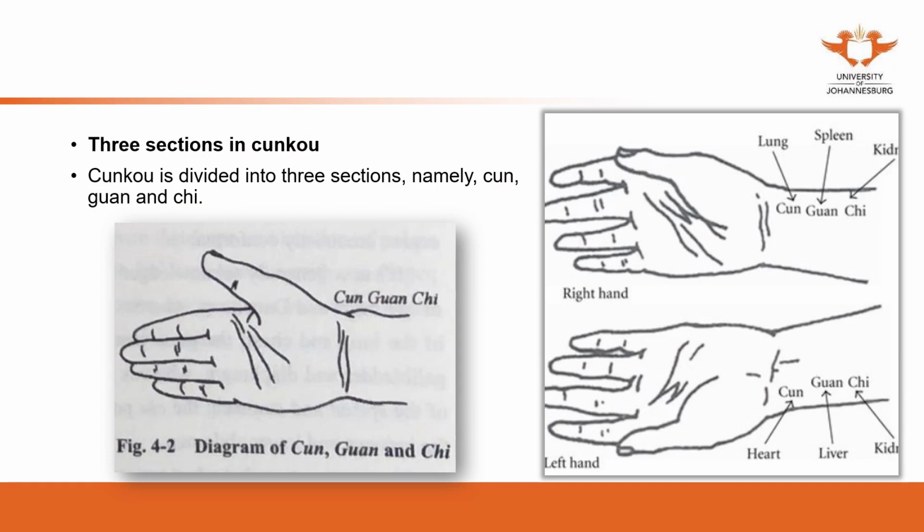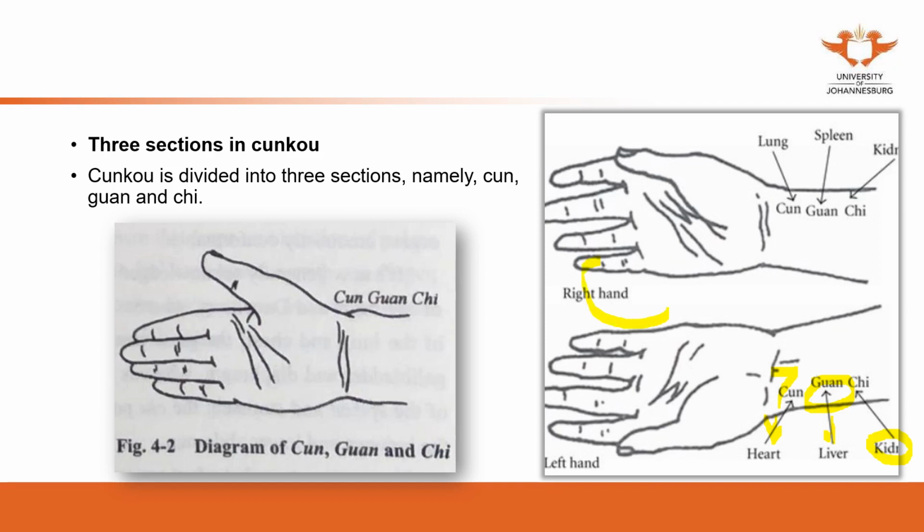But from here, you will see that the different sections of this area can reflect different organs' function or condition. On the left hand, the 寸 area reflects the heart function, the 关 location reflects the liver function, and the 尺 area reflects the kidney function.